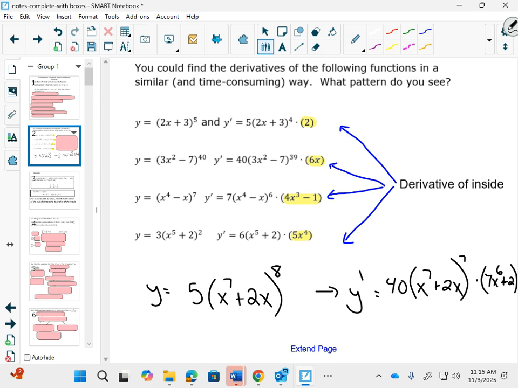The challenge with the chain rule is recognizing which is your outside function and what is your inside function. Power rule is really easy to see that the x to the 7 plus 2x is inside something to the power of 8.